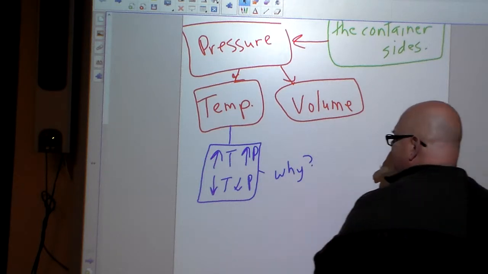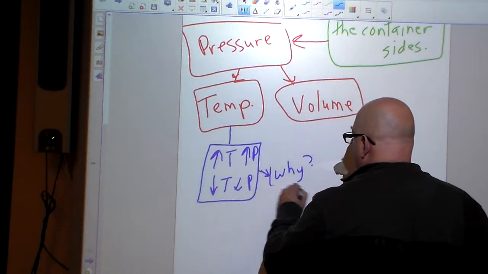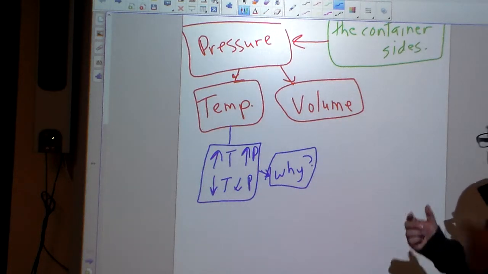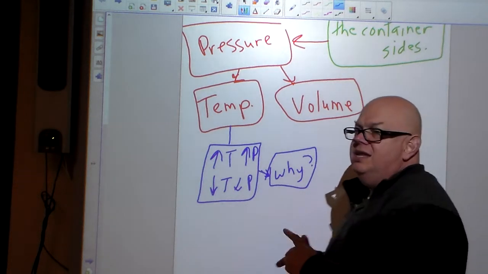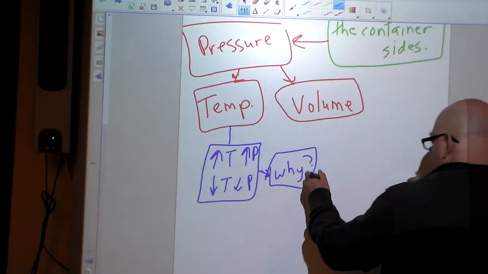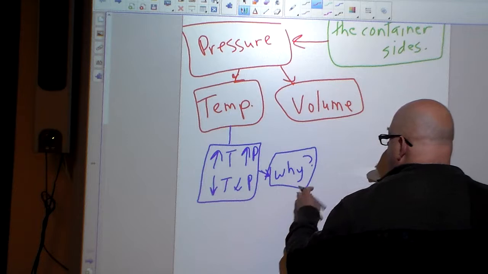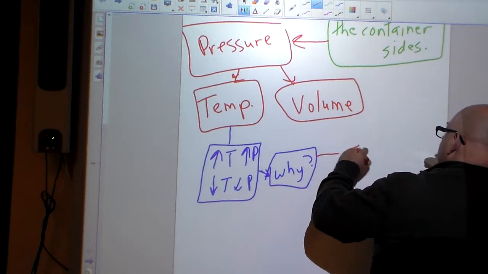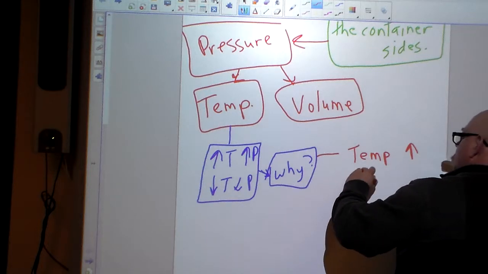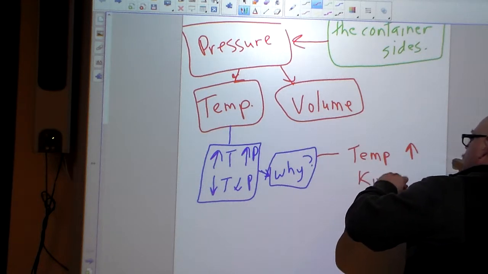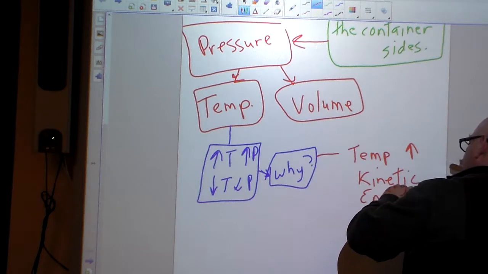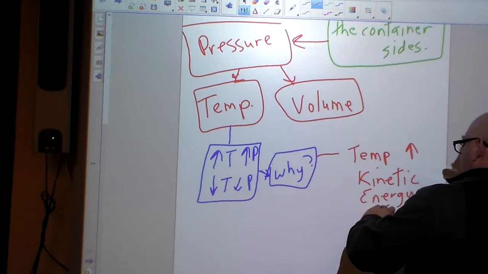The idea behind that has to do with temperature. Temperature is heat energy. I'm going to use red for this. Temperature increases the kinetic energy of the particles.